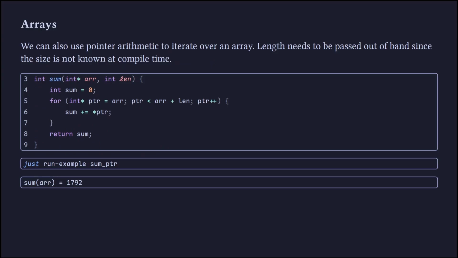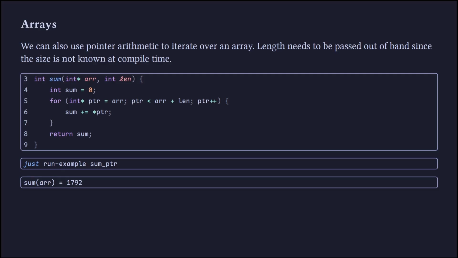We can also use pointer arithmetic in a similar way to do a sum example like we did before with our known size. In this case, we need to specify the length as an input to the function. Because we don't know the size of the array, there's no way that we can know this at compile time just from the pointer. So we need to have the user of the function pass it, and it's a bit of correctness that they're going to have to be determining.